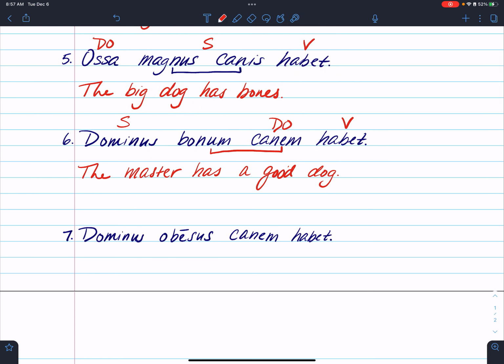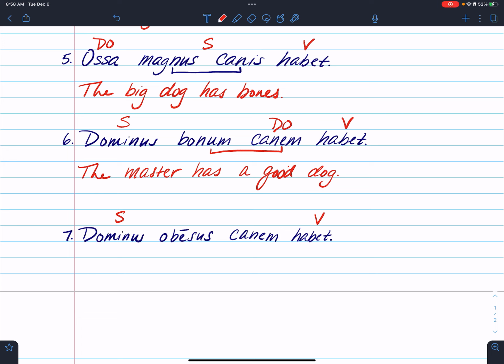Okay, next. Number 7, Dominus obesus canem habet. Can you guys say that? Dominus obesus. Let's try that again. Dominus obesus canem habet. Okay, good. Now, my verb is habet. My subject is probably dominus because it's nominative and masculine and singular.